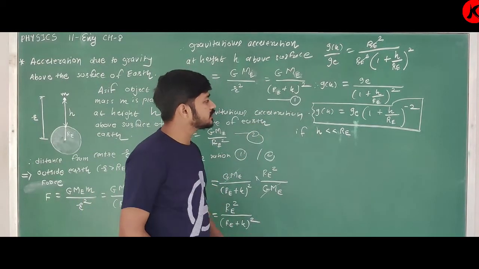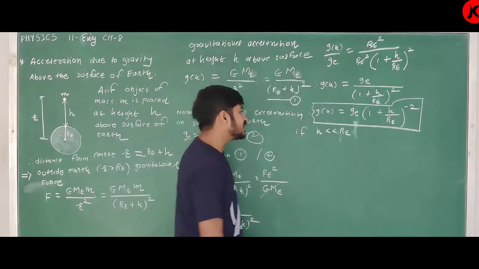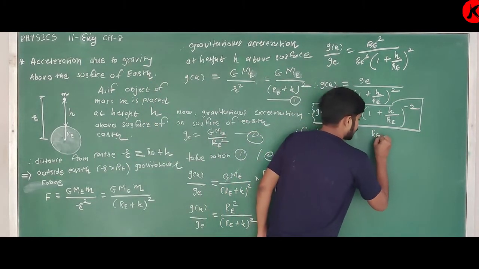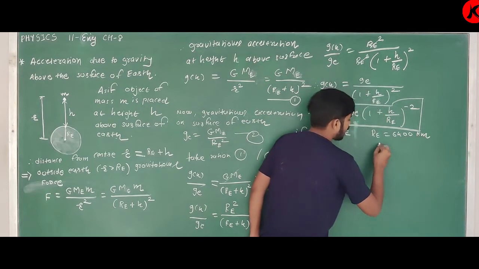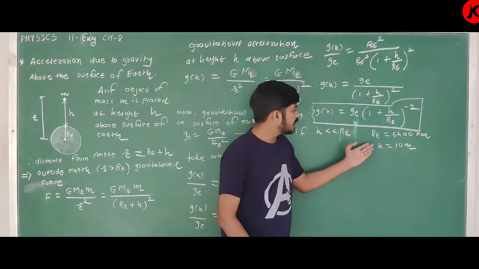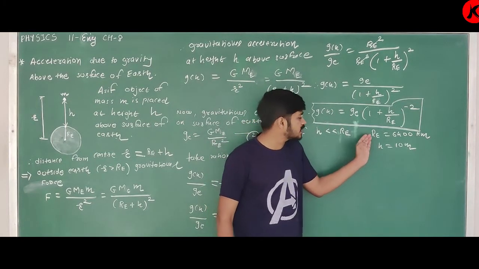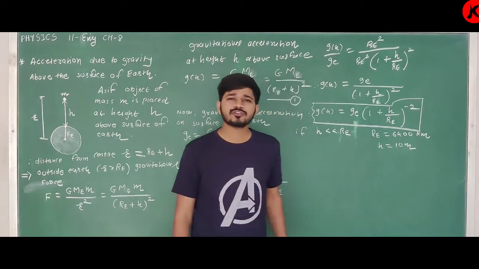But how to remember this? Now, what is the meaning of h is very less than R_E? R_E, that is the radius of Earth, is 6400 kilometer. And if I am taking h equal to 10 meter, then observe, h is very small compared to R_E. Yes or no?